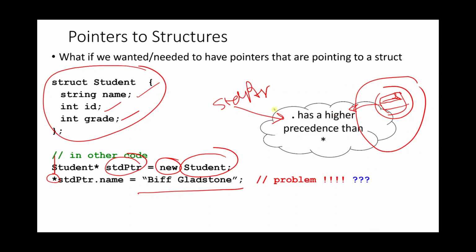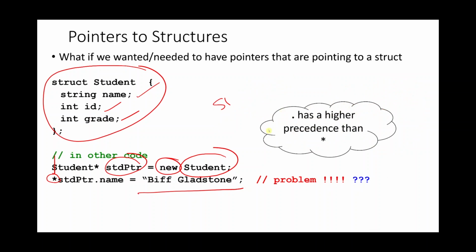Because the dot has a higher precedence than the asterisk. So basically, it's first going to try to use the dot on the pointer, which doesn't make any sense, right? The dot is used on a student, not a student pointer, because the pointer is just storing an address, not actual data.